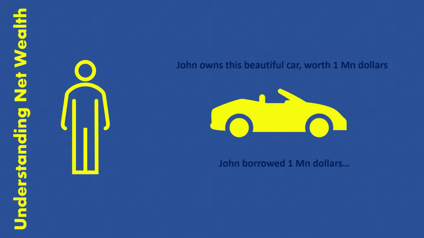Now if you net off these two, he owns a car of $1 million, but then there is an obligation on him to pay back $1 million. If we net off these two, we can see that the net wealth of John today is $0.